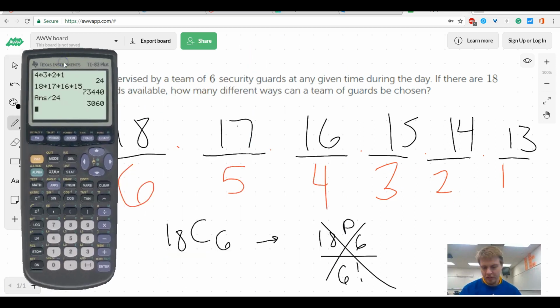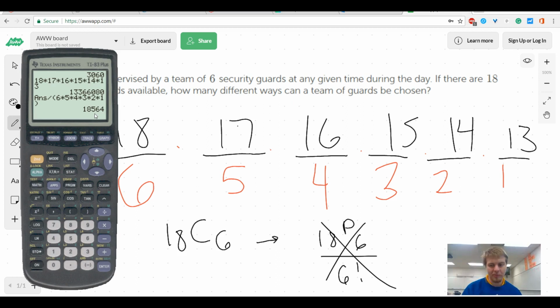So let's just go 18 times 17 times 16 times 15 times 14 times 13. And that's a lot of combinations, but then when you divide that by 6 times 5 times 4 times 3 times 2 times 1, it reduces our combinations.